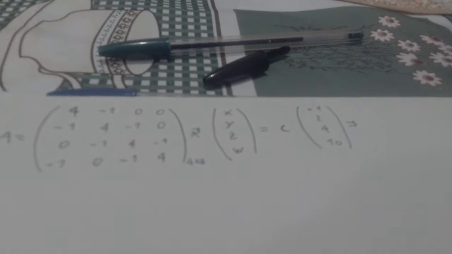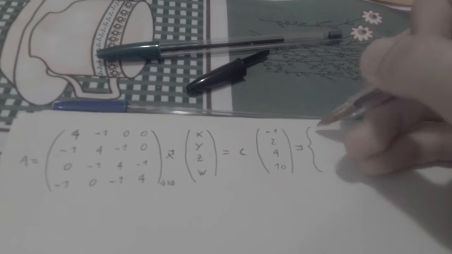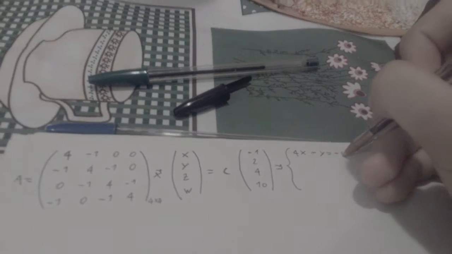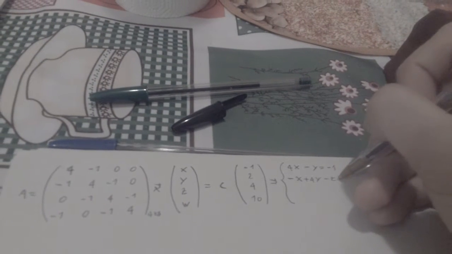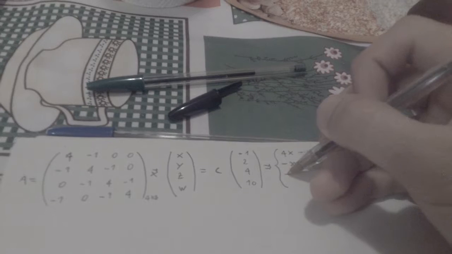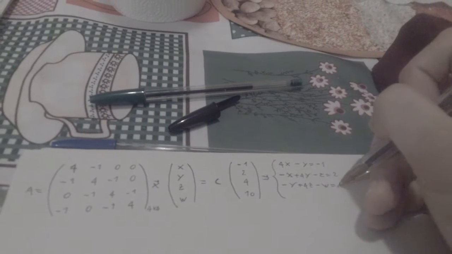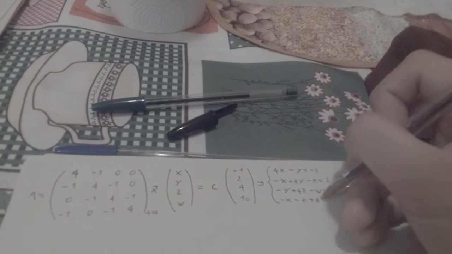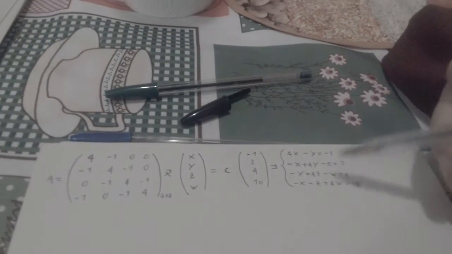Written in another way, this system of equations is basically 4x minus y equal to -1, negative x plus 4y minus z equal to 2, negative y plus 4z minus w equal to 4, and negative x minus z plus 4w is equal to 10. There we go. This is our system of linear equations.